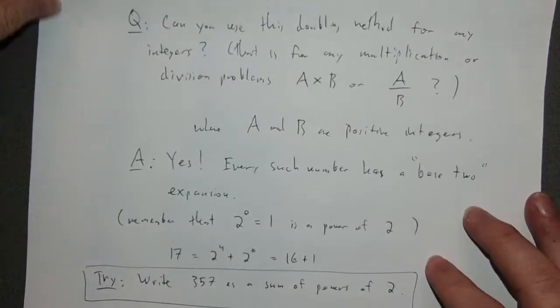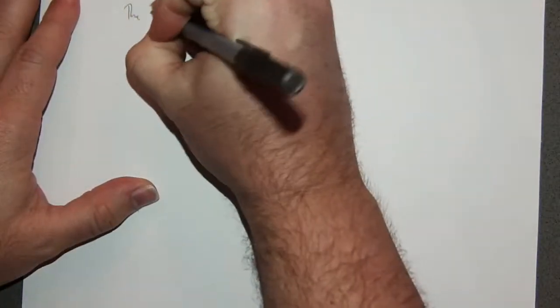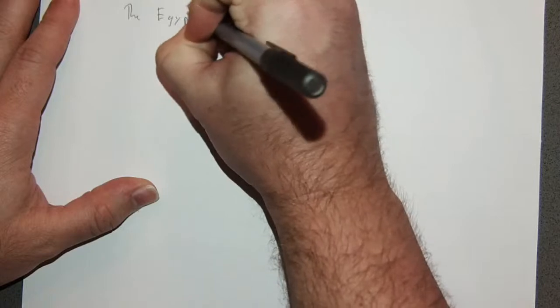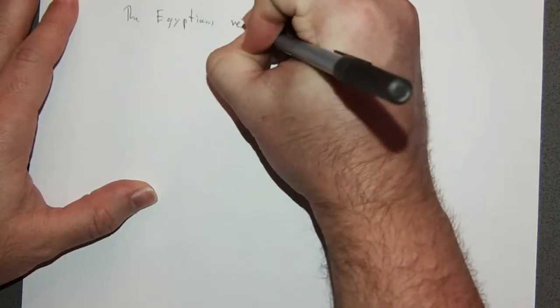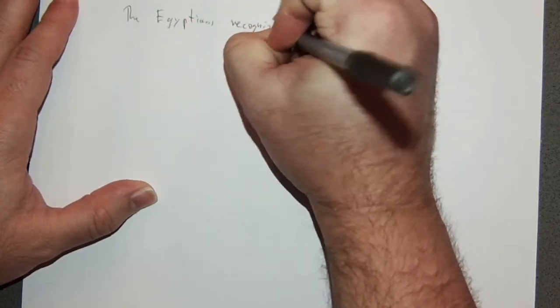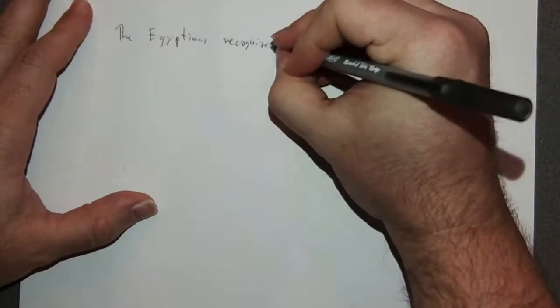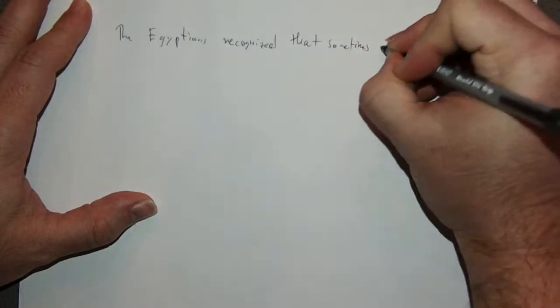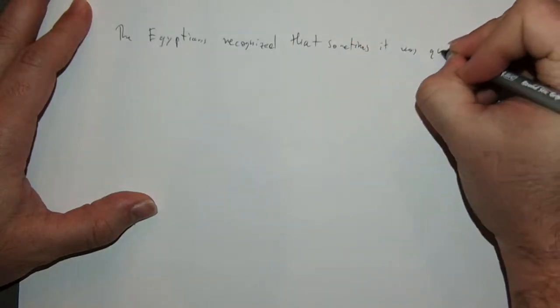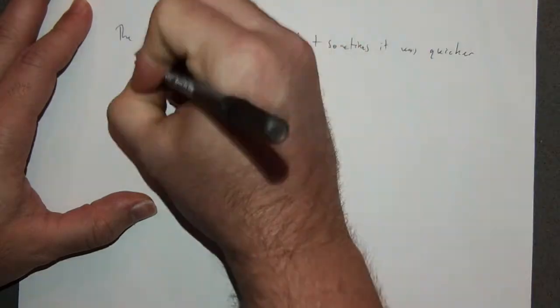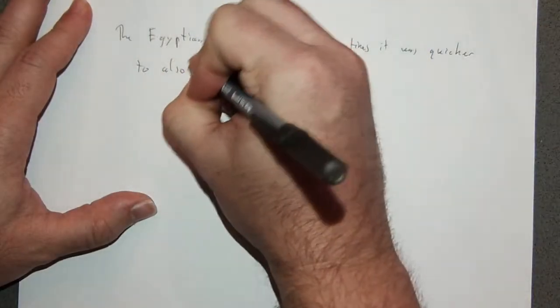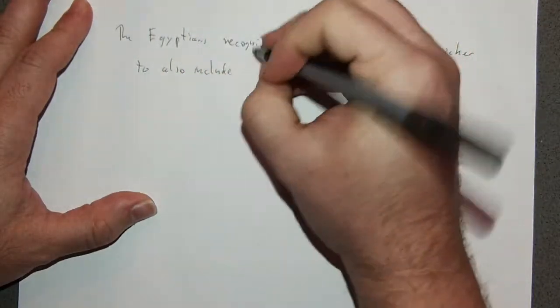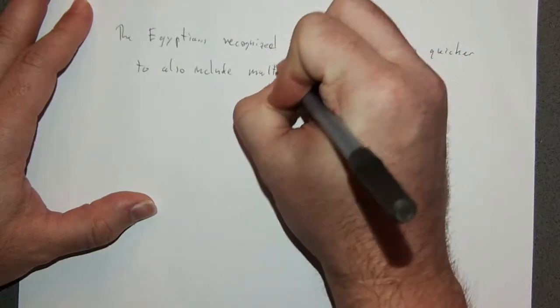To show you an example of shortcuts that the Egyptians used, the Egyptians recognized that sometimes it was quicker to also include in this algorithm multiplication by 10.